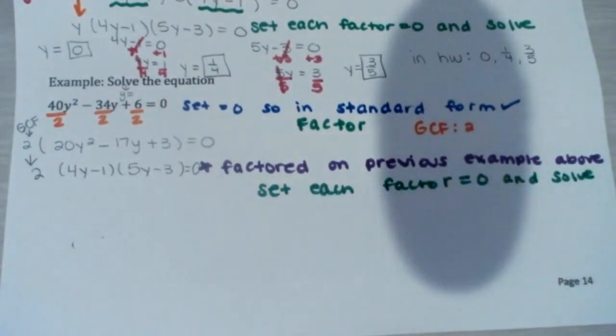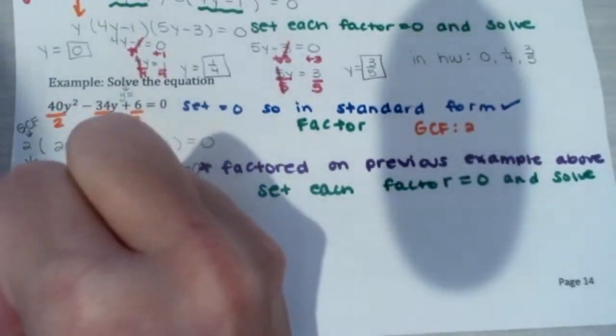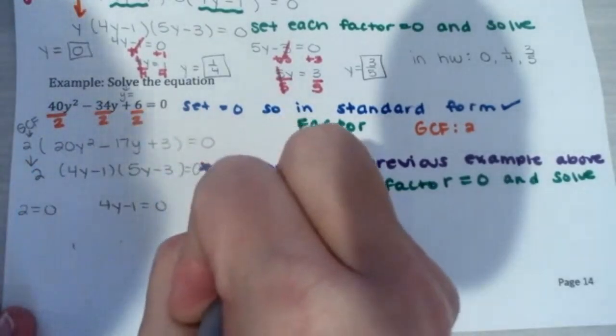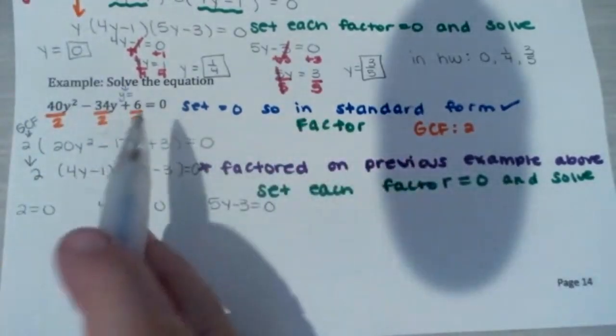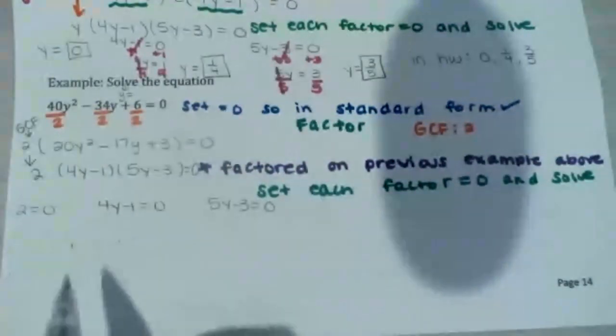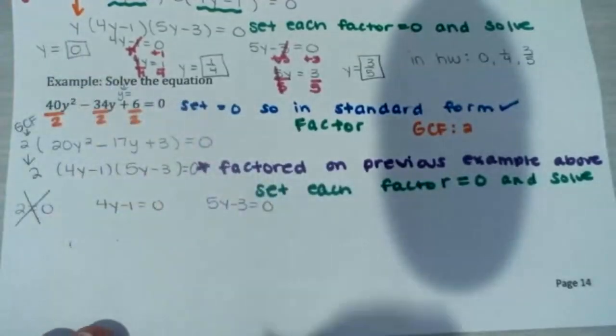We have 2 equals 0, 4y minus 1 equals 0, and 5y minus 3 equals 0. We're trying to get y equals. If we have 2 equals 0, first of all, 2 is never going to equal 0. That tells us nothing about y, so I don't even care about this one.